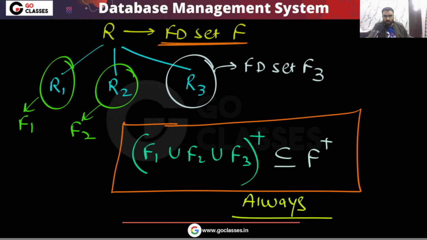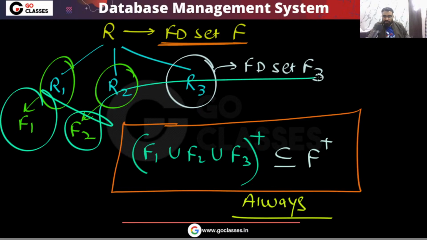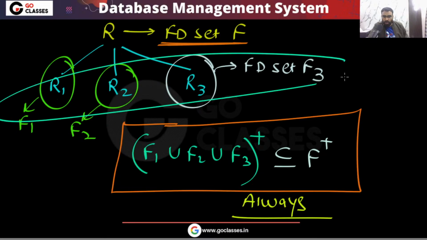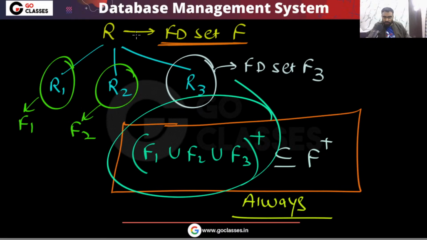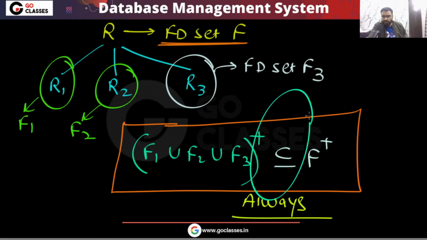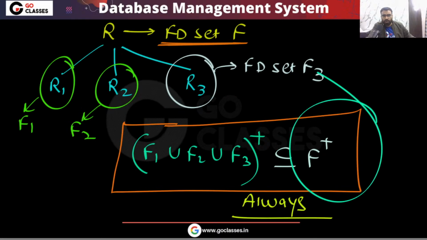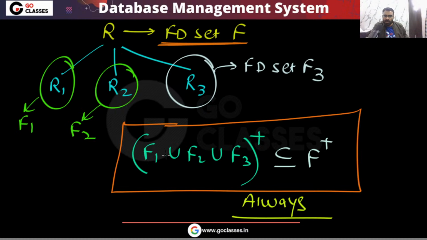When we do the decomposition, maybe some functional dependency of the original relation can be lost. So remember, if you do F1 union F2 union F3, combine all these functional dependencies and then find the closure, that will always be a subset of F closure. This will always happen.